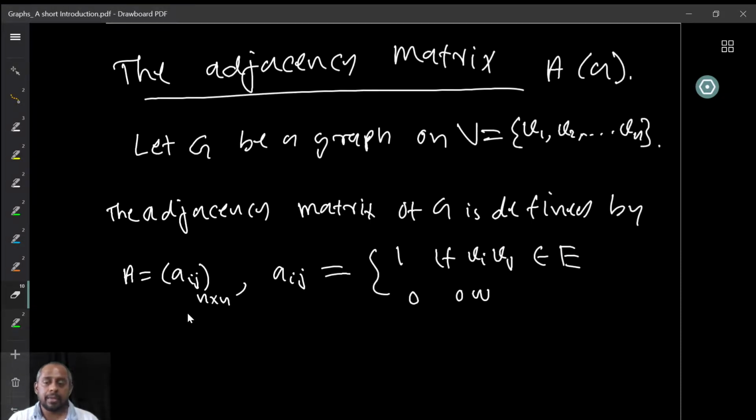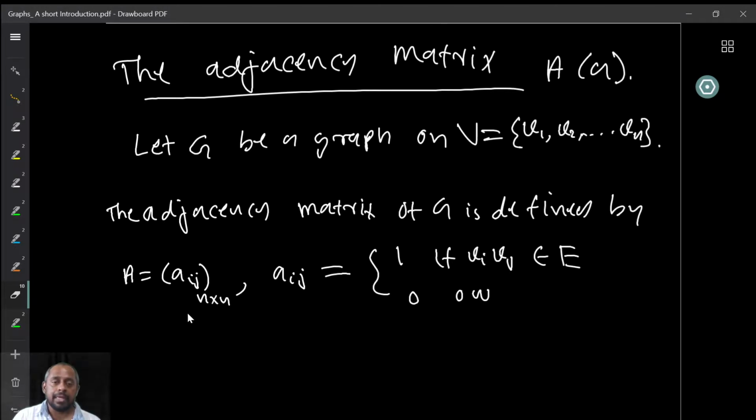Now we look at the adjacency matrix of a graph G. Okay, so given a graph G, we can define a matrix related to this, which is called the adjacency matrix, which basically represents the information about the graph. So what you do is the following. You look at this n vertex graph, let's say v1 to vn.